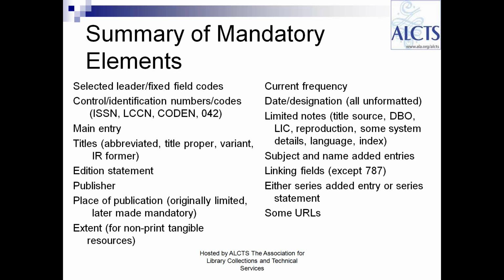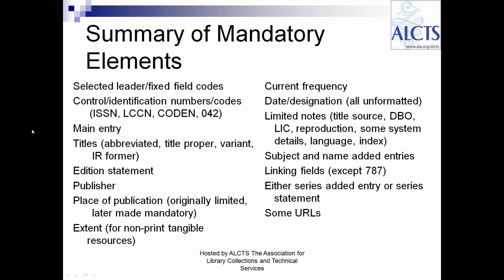One of the other things that we discovered in talking with reviewers is about the element that's date and designation, where it says all unformatted there. One of the things our record reviewers commented on was the fact that the formatted 362 had the same kind of formatting as a local holding statement.